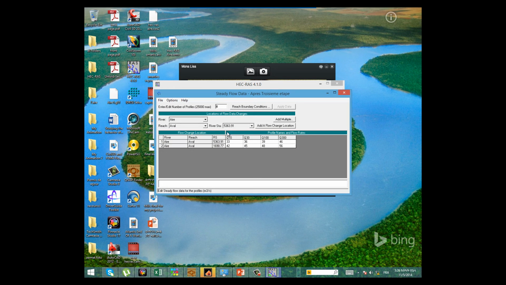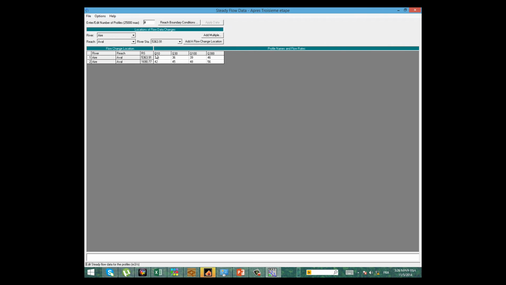I can show the hydrology. You see at the point Demaris, 5,363.91 meters, the discharge is already entered. This is very simple. You can put this for 34 or 33.